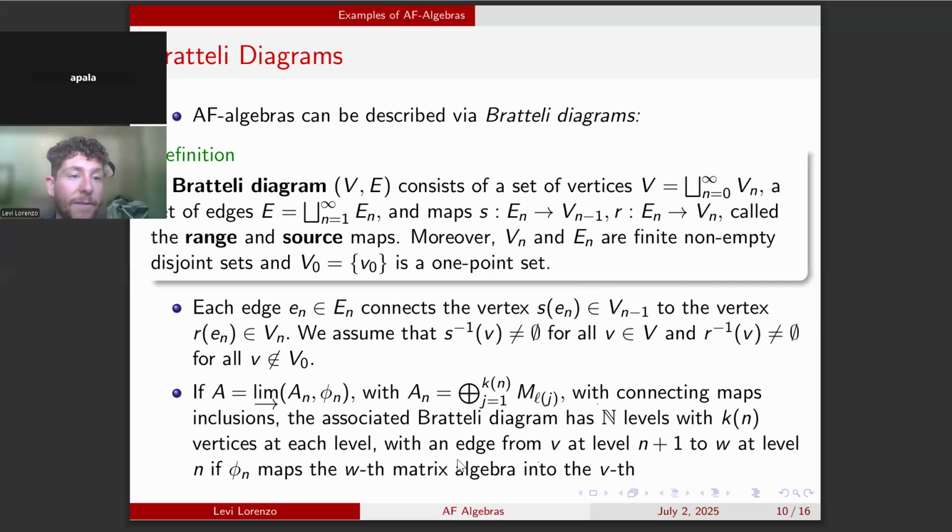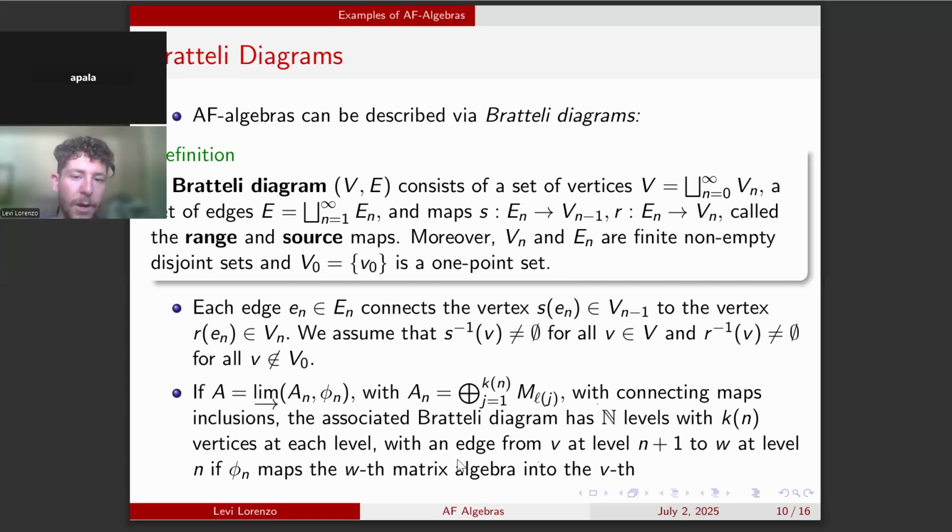If you have an AF algebra, an inductive limit of a sequence of finite dimensional algebras, where the nth finite dimensional algebra is a direct sum of matrix algebras, then the Bratteli diagram has, at the nth level, a vertex for each one of these direct summands, and the connecting maps determine where the edges go.